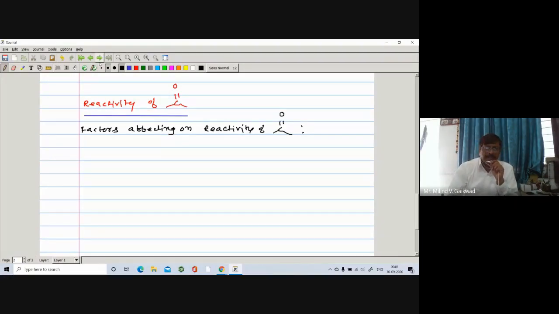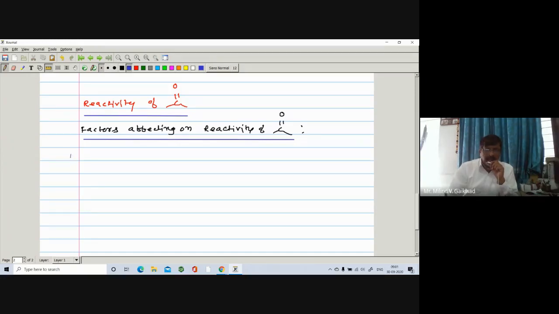Now here we have learned already how formaldehyde is more reactive as compared to acetaldehyde, that is an aldehyde, and then the ketone. So the first factor which affects the reactivity, a question of 2 marks they may ask, what are the factors which affect the reactivity of the carbonyl group.